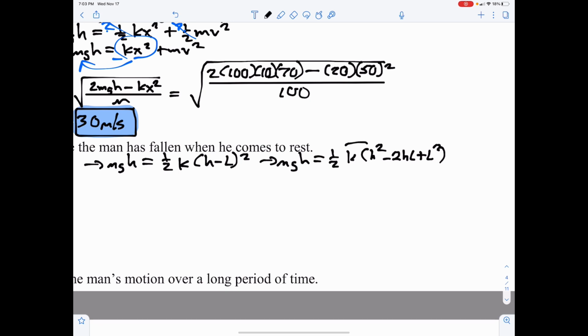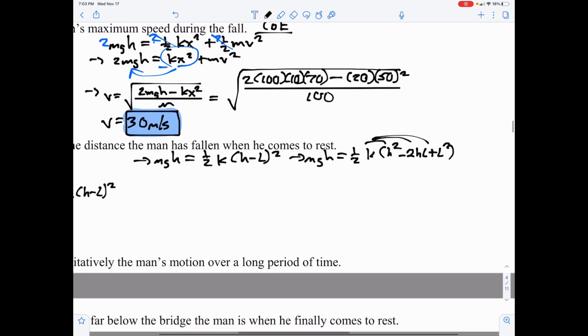And then I'm going to distribute that into all three terms. So mgh equals 1/2 kh squared minus 1/2 k times 2hL plus 1/2 kL squared.